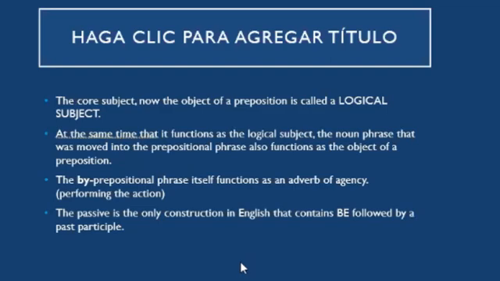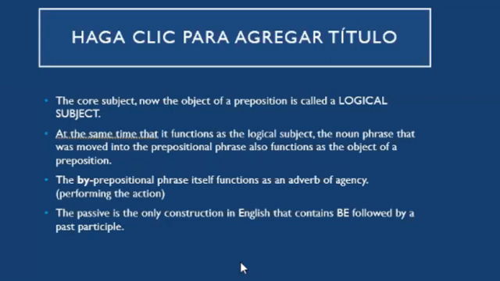So the core subject, now the object of a preposition, is called the logical subject, like by Oliver. Logical means that that's the one that does the action, right? In the active sentence. But remember that you just know that that agent is active in the active form because it's showing a relationship. Get it?